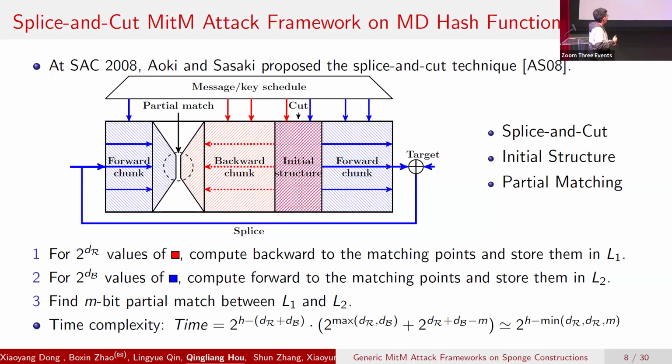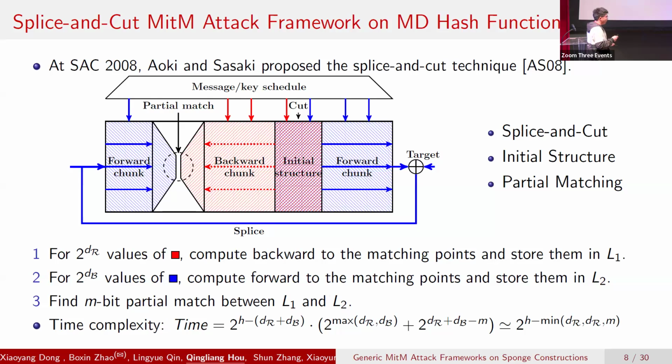Out of the initial structure, DR neutral bits colored by red and DB neutral bits colored by blue are selected, which determine the degrees of freedom for the backward and forward chunk respectively. Then the 2 chunks will meet at a certain internal round to pass an partial matching.